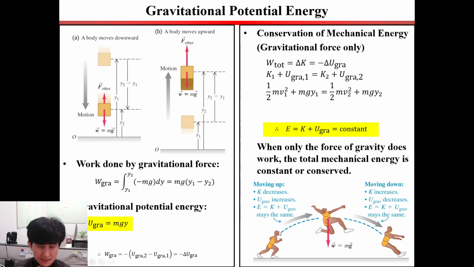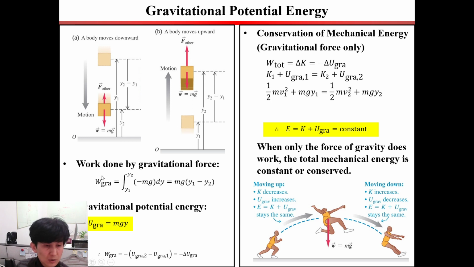So there are some examples in the textbook. If I move an object from Y1 to Y2 position, then there is a gravitational force downward, but I should provide a force upward to move this object from Y1 to Y2.